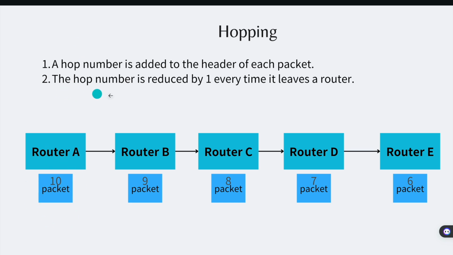Then the hop number is reduced by 1 every time it leaves a router. In this case, the hop number starts at 10. Then when this packet leaves router A, the hop number will become 9. And when the packet leaves router B, the hop number will become 8.